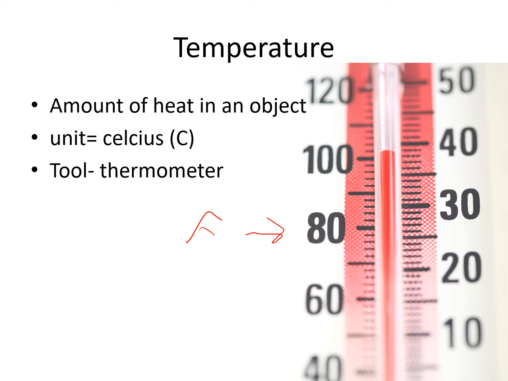The side that goes by the tens, that is in Celsius. So notice, in humans, what we would say was about, looks like 101 degrees Fahrenheit is actually about 38 degrees Celsius on this thermometer.